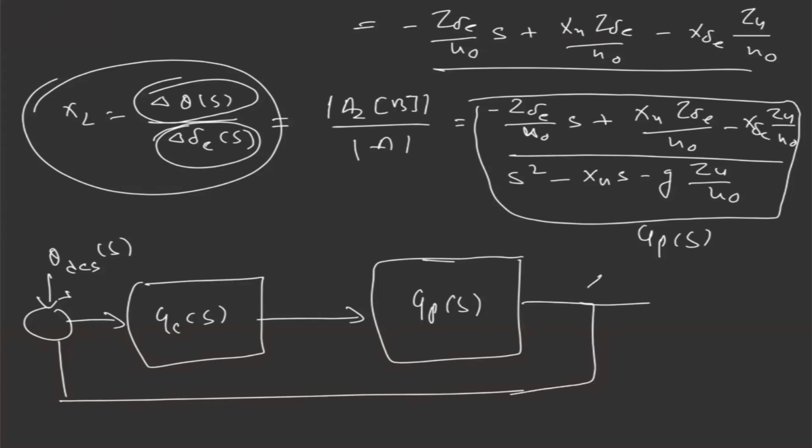So here we have delta theta(s). This is the controller which is giving the control input to the system, and if the control is stable, delta theta(s) can track the desired value of theta.